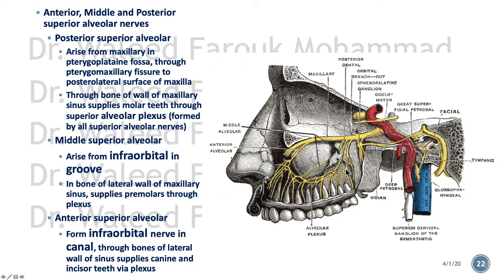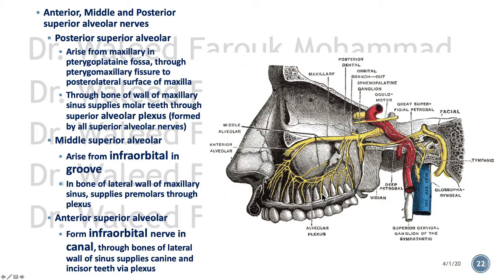This is the posterior superior alveolar. But notice that this network, or this plexus of nerves, is formed by the posterior, middle, and anterior branches. Okay? But the molars are supplied by the posterior, which is connected with the middle through the plexus. The middle comes from the infraorbital nerve, that inside the orbit, but still in the groove, didn't sink in the canal, supplies the premolar teeth.